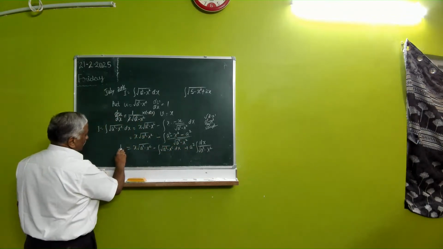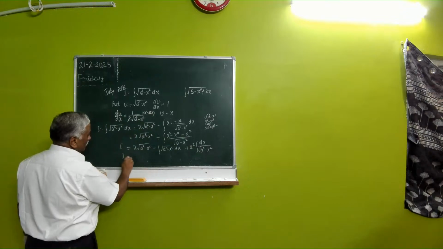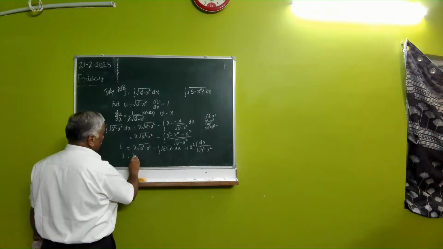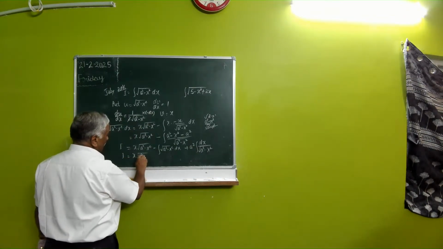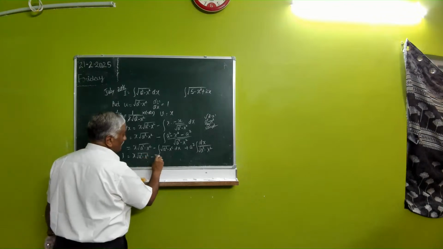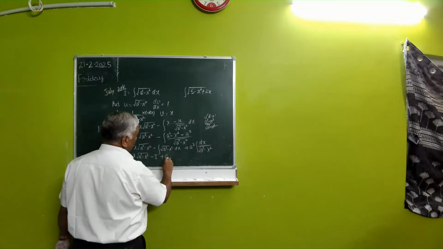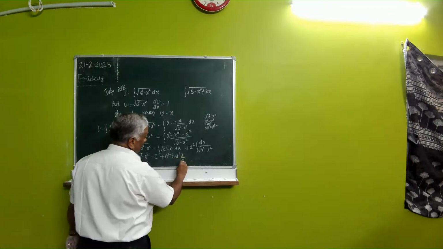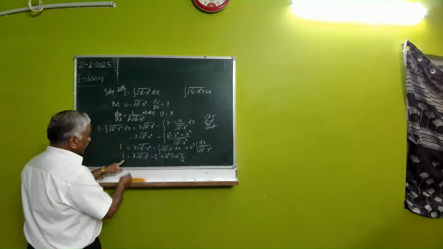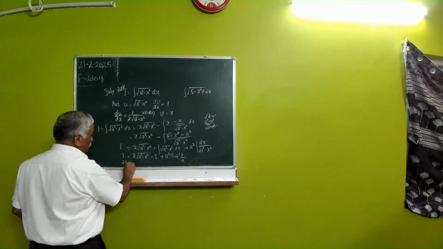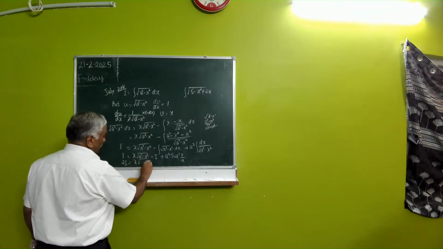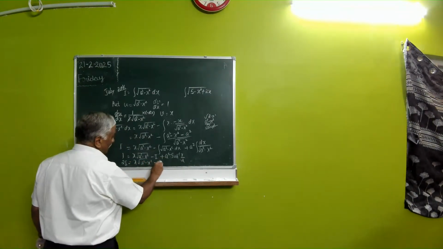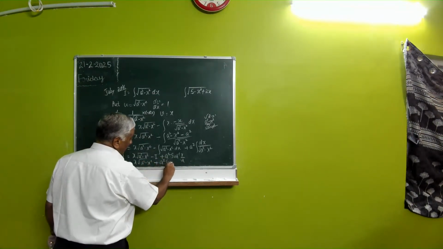So this is I. I is equal to x into root of a square minus x square minus I plus this is standard limit, a square sin inverse x by a. So this I comes here, it becomes 2I equals x root of a square minus x square plus a square sin inverse x by a.